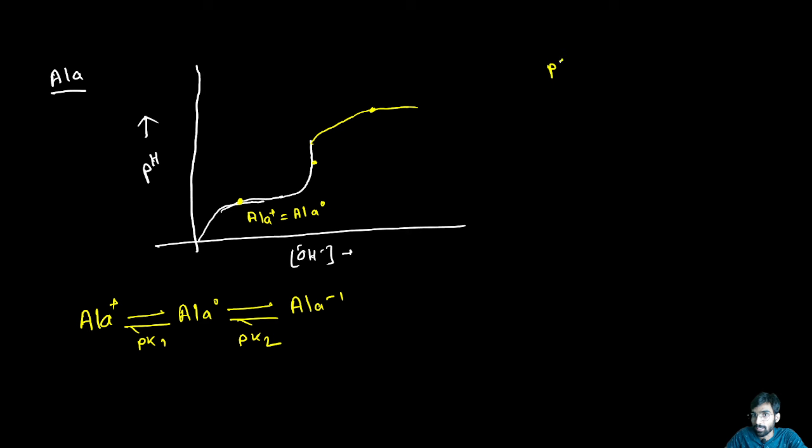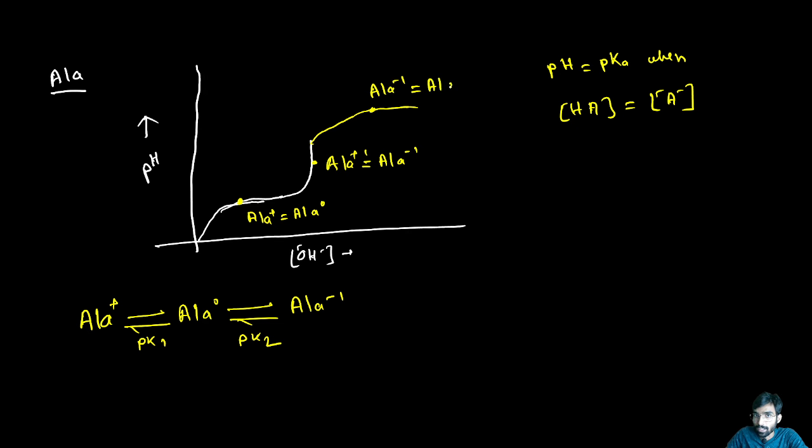Remember I told you that pH equals pKa when HA equals A minus, the conjugate base pair. Here as the alanine plus and alanine 0 have one proton difference, that's why they are a conjugate acid base pair. Here alanine plus equals alanine 0, and here alanine minus 1 equals alanine 0.